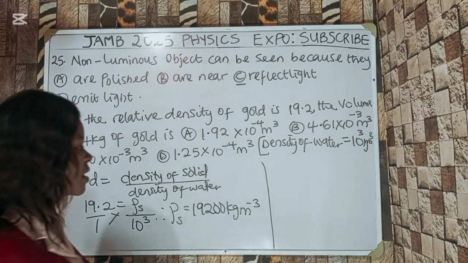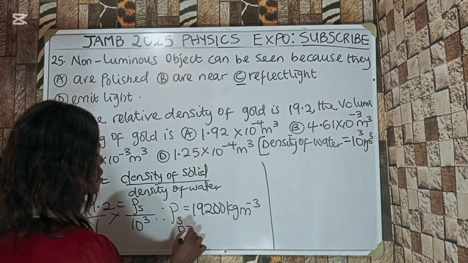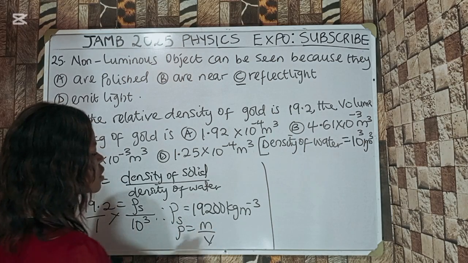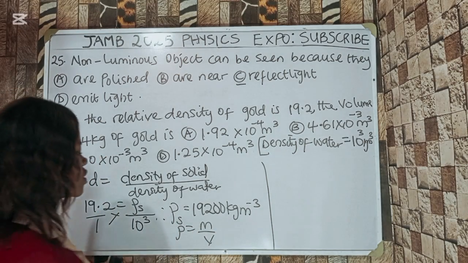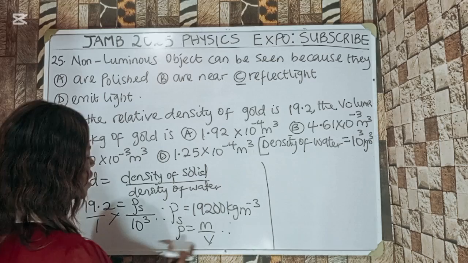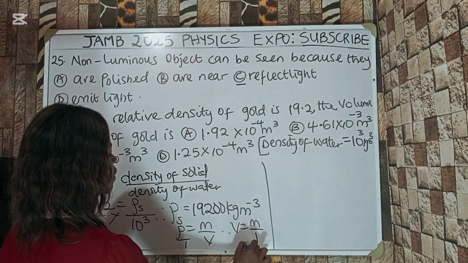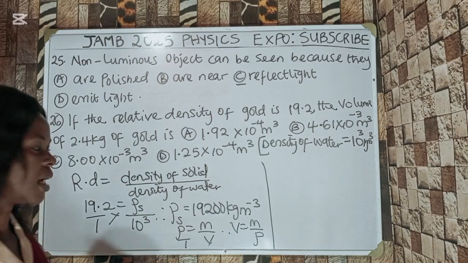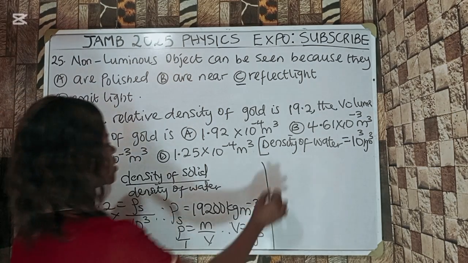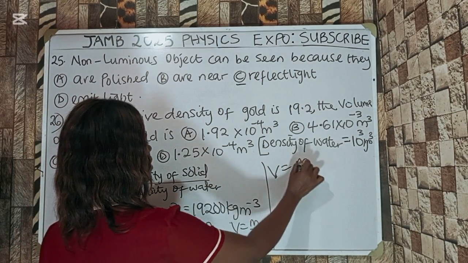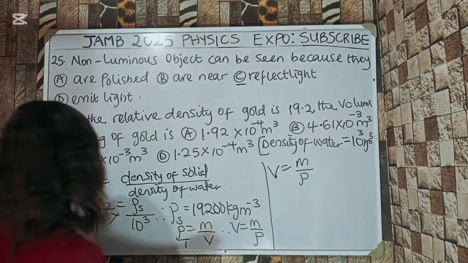If you still remember that the density rho is equal to mass over volume. Let's just substitute. Since you are looking for the volume, we cross multiply. Volume is equal to mass over density. Is that clear? So my volume is equal to the mass over density. What is the mass?